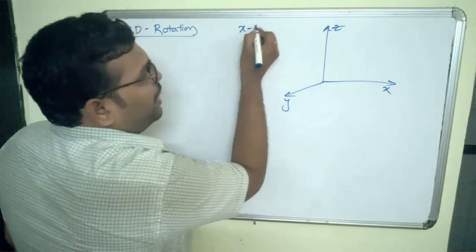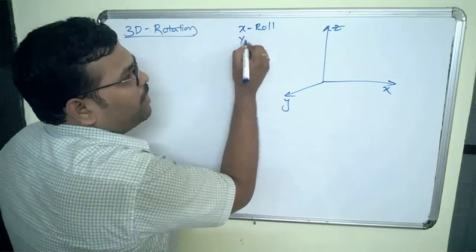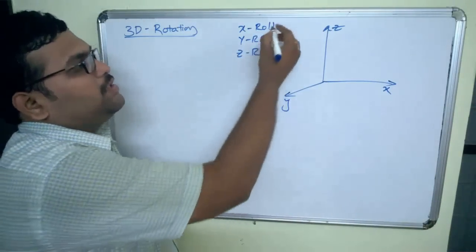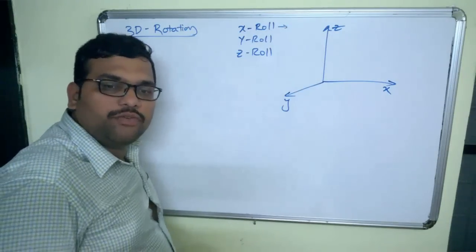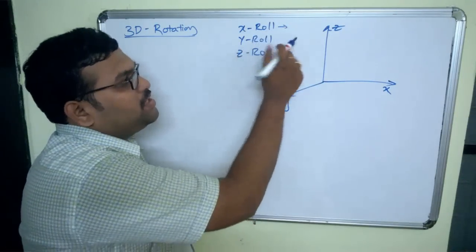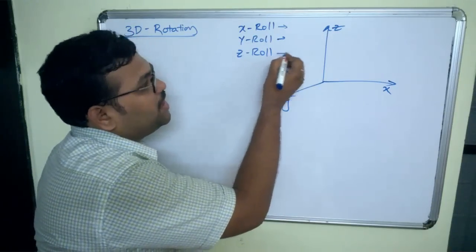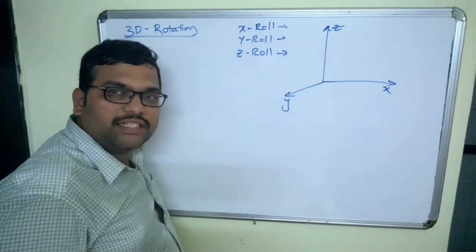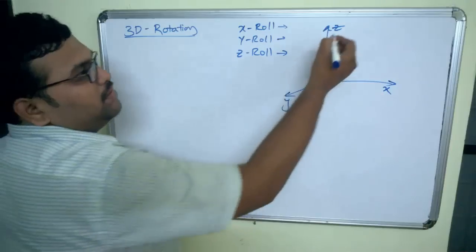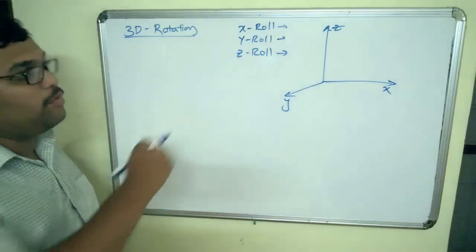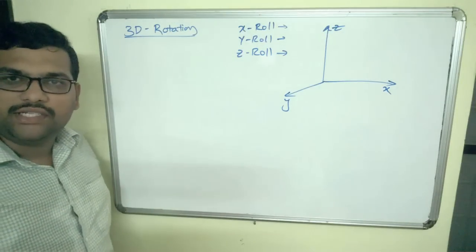That we call x roll, y roll, and z roll. So x roll means rotation with respect to the x-axis, y roll means rotation with respect to the y-axis, z roll means rotation with respect to the z-axis. Here let us have a look at the formula for all these.